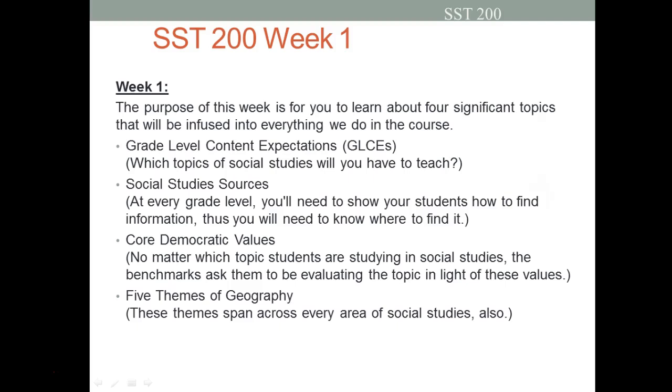Core democratic values. This is integrated across all of the social studies curriculum. And then the last thing, 5 themes of geography. Again, this is integrated across the social studies curriculum. Now, you may be asking yourself, well, I thought there were common cores for social studies. Well, there aren't. They're working on them, but I don't know when they're going to release them. But here's what I can tell you.